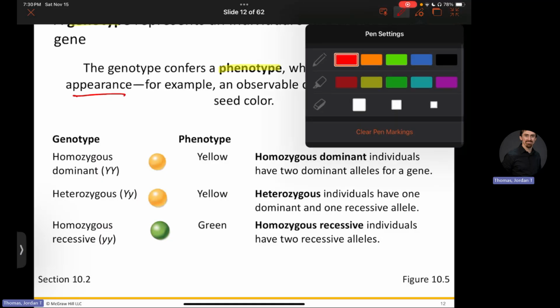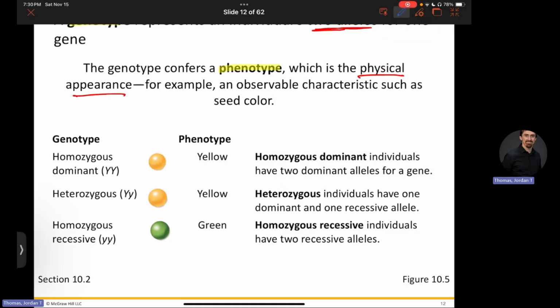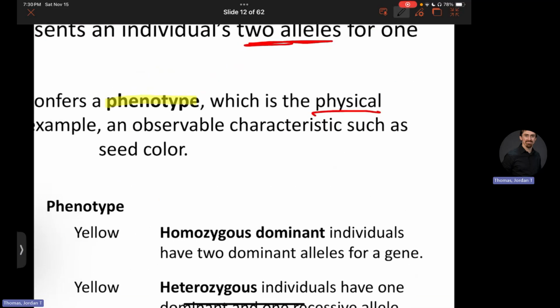So with this, I want to write here. Actually, let me do this in block. I'm gonna write up here, genotype, think the genes, slash alleles. Well, I spelled that very wrong.